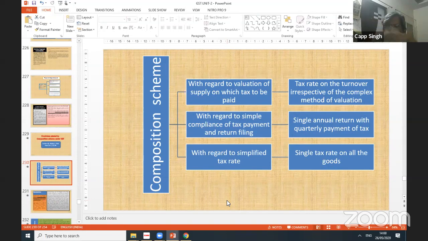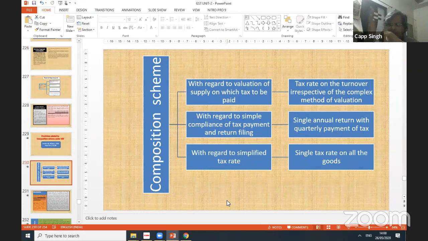And the simplification of the tax rate is that although the composition taxpayer is selling so many goods, the tax rate is single, and that too is 1%, 0.5% CGST and 0.5% SGST. So the composition taxpayer is simplified in three respects. Number one, they have to pay tax at 1%, 0.5% CGST and 0.5% SGST.